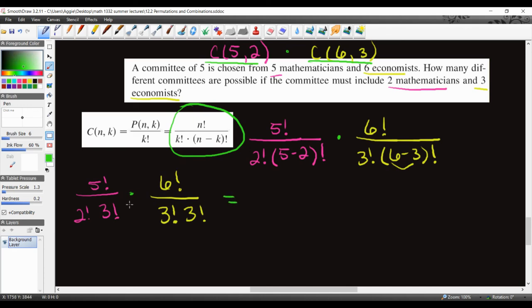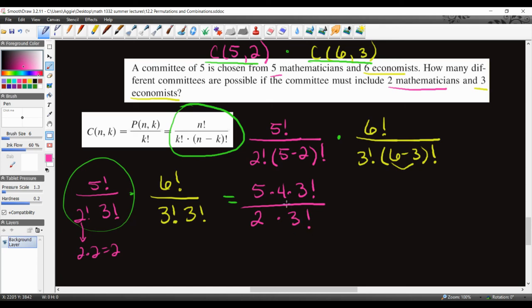Okay, let's go ahead and simplify this now. So for the first one here, I'm going to go down to 3. So 5 times 4 times 3 factorial over 2. Remember that this one right here is just 2 times 1, which is just 2. Okay, so I'm just going to put the 2 times 3 factorial. And that helps me get rid of this, but I'll do that in a bit.